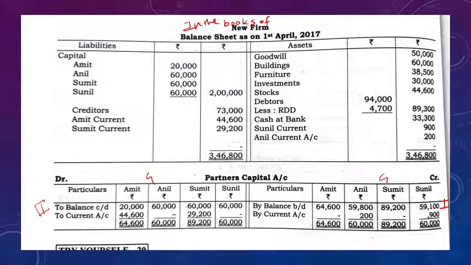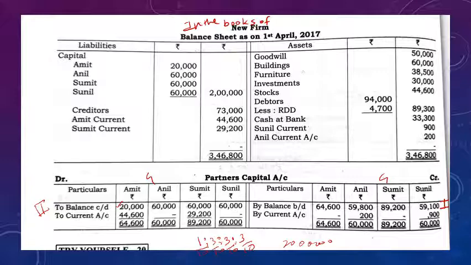So 89,200 minus 60,000 is equal to excess of 29,200. So here Sumit's capital is excess to the extent of 29,200, right? So further we are going to close the account of Sunil.